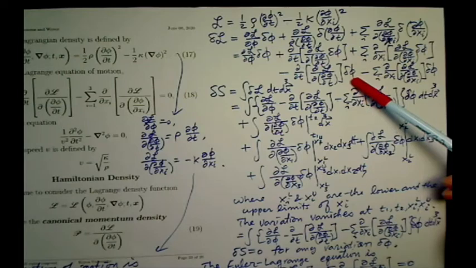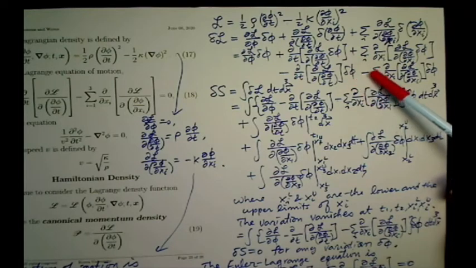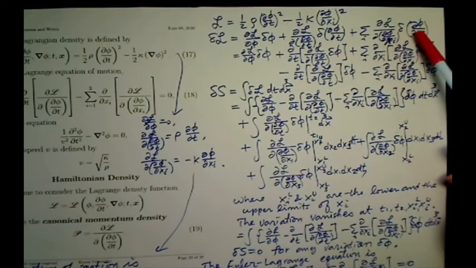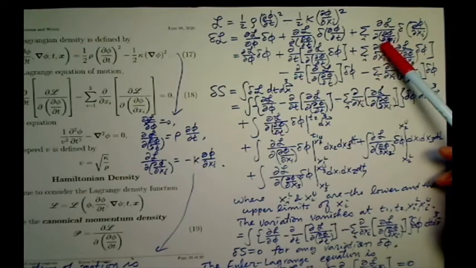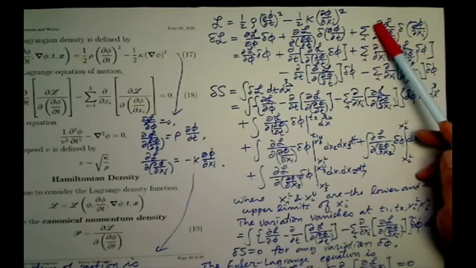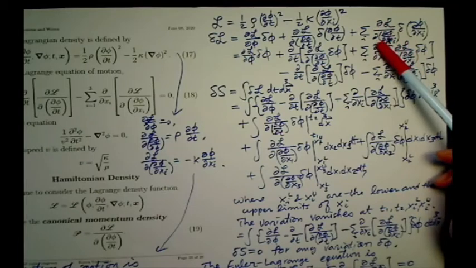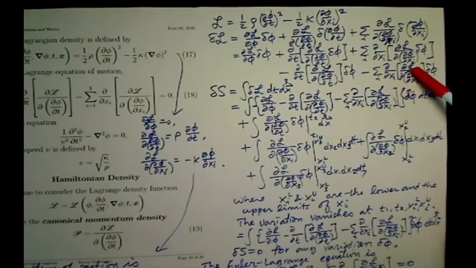In a similar manner, we can also write down the contribution here. Pull out the gradient outside, then we have the partial derivative of the Lagrangian with respect to the gradient multiplied by the variation of the field, and then subtracted by the gradient operator applied to this vector.